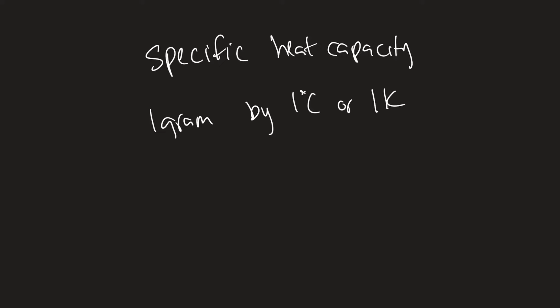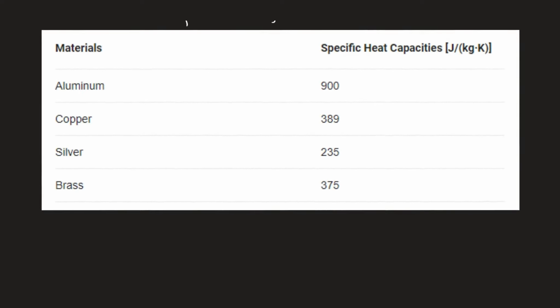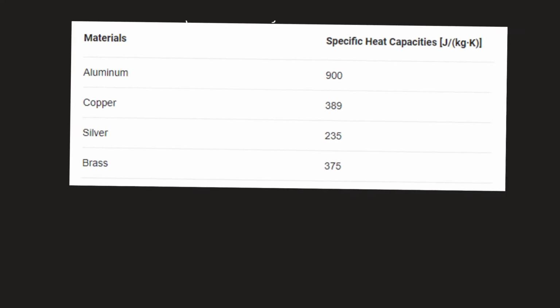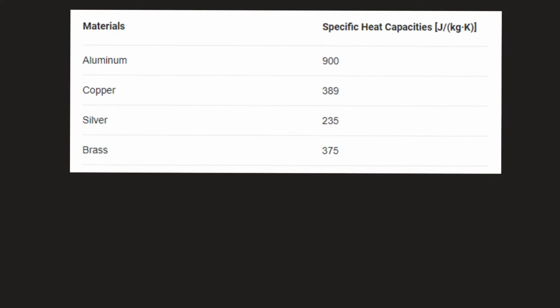So what do I mean by that? Let's look at this chart here. This chart consists of different types of metals and their specific heat capacities. Here we find that aluminum has a specific heat capacity of 900 joules per kilogram Kelvin.